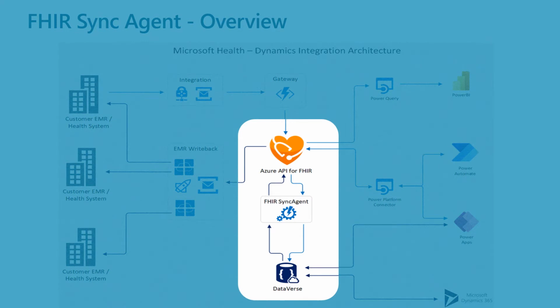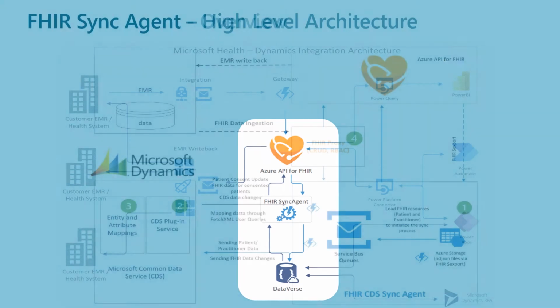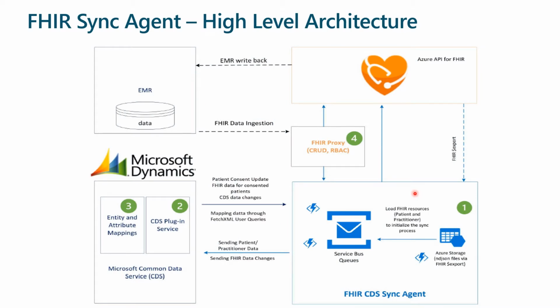In this Tech Talk, we'll explore further these highlighted areas. Since the FHIR Sync Agent helps to sync between two solutions, we concentrate on the FHIR Sync Agent. This is an expanded view of FHIR Sync Agent highlighted in the previous slide.